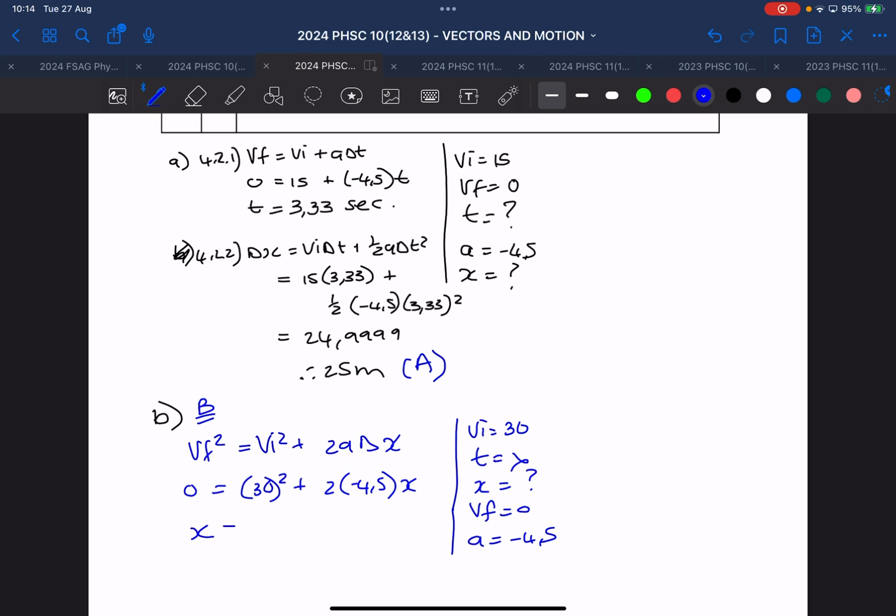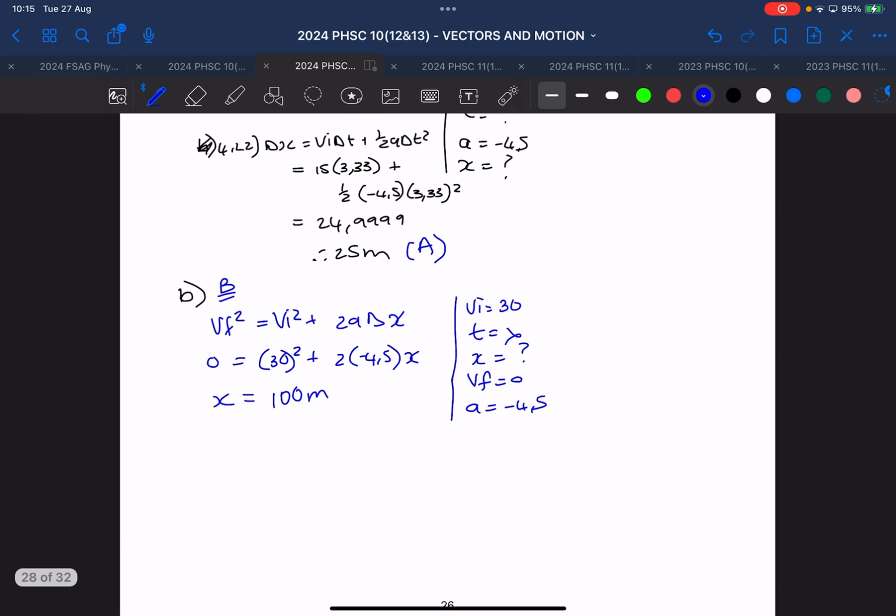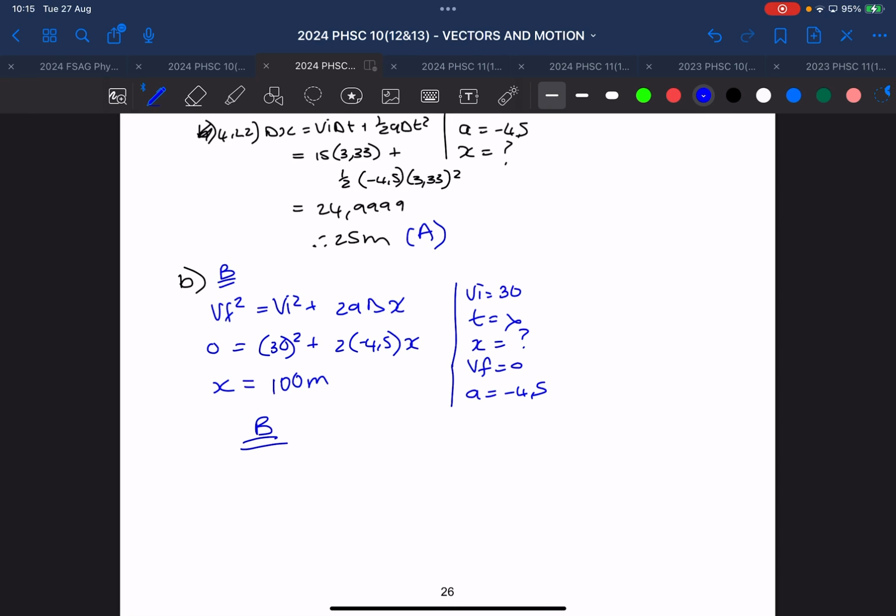And Genevieve, what did you get for x? I didn't use that equation. Hukumni, which one did you use? Three separate other equations. Okay, and what answer did you get? Not the right answer. How do you know? Because it's so out of proportion. What did you get? I got like 184 meters. Oh, okay. I got 100 meters. Okay, let me see what you did and where you went wrong. So the question was, which car has the longest stopping distance? It will obviously be car B. I just didn't use this equation.